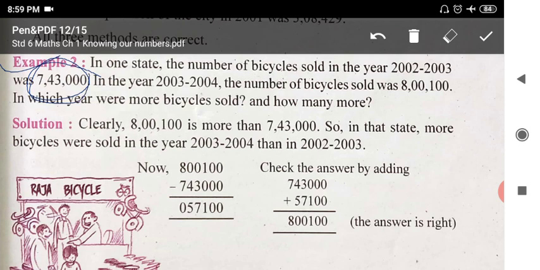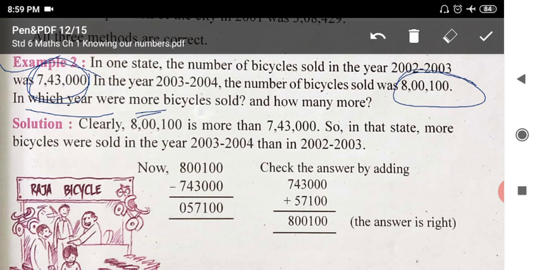In the year 2003-4, the number of bicycles sold was 8,100,000. Okay, these are the two numbers. Now our question is, in which year were more bicycles sold and how many more? These are the two questions here.